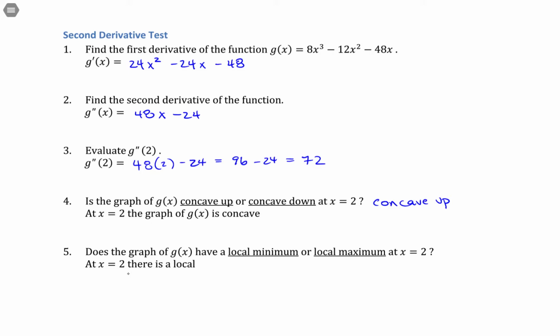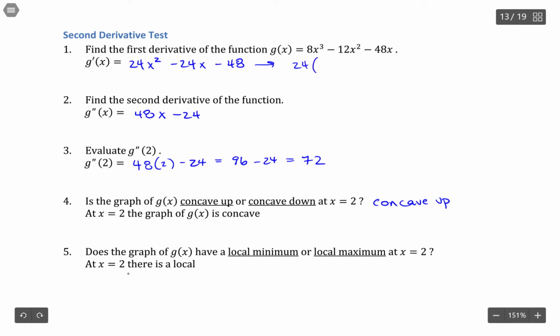Does the graph of g of x have a local minimum or a local maximum at x equals 2? Well, I think we're presupposing here that this is a critical number. We didn't verify that it was a critical number. We probably could pretty easily just by taking the first derivative, factoring it.